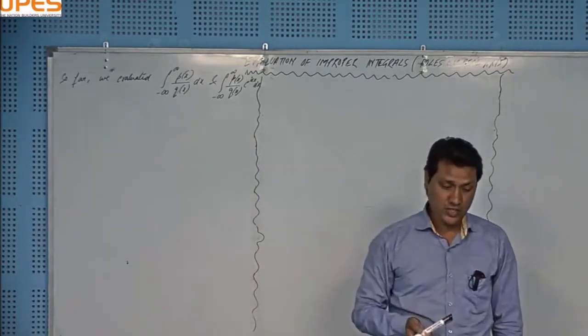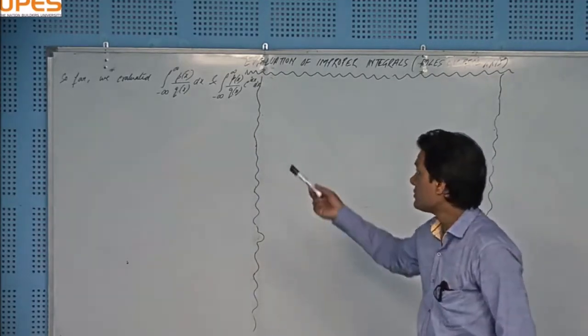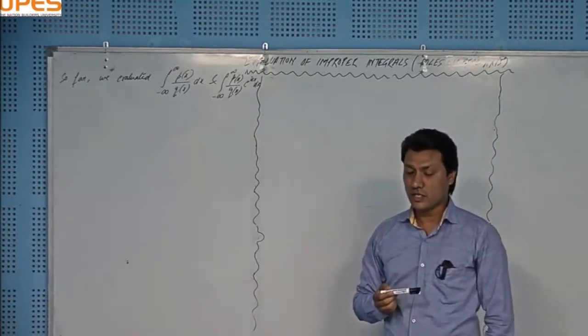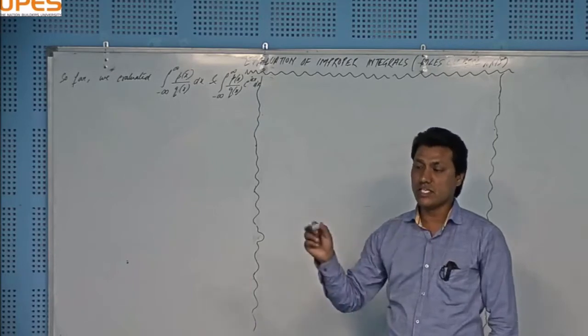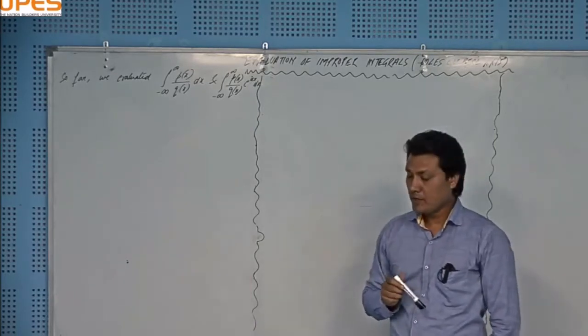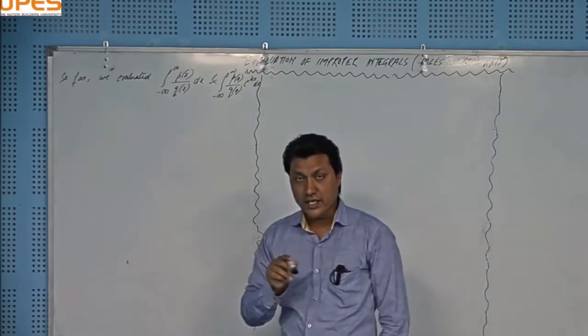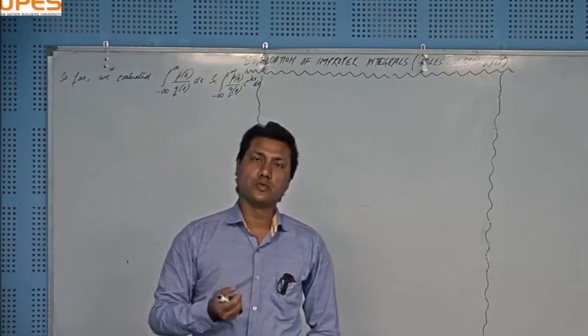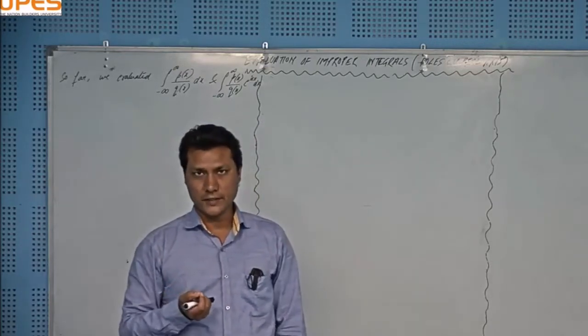So what happens when the poles of this rational function lie on the real axis, right? Since our contour is of this form, interval minus R to R and this anti-clockwise semicircular arc, and we have to trace over that real axis, what happens when one or more poles lie on the real axis, right?